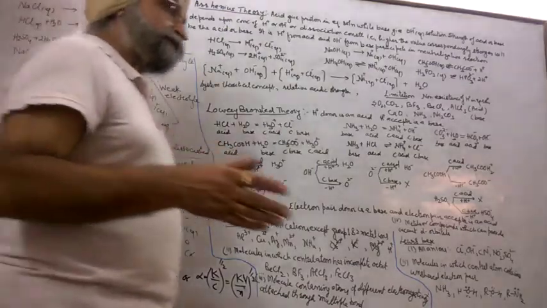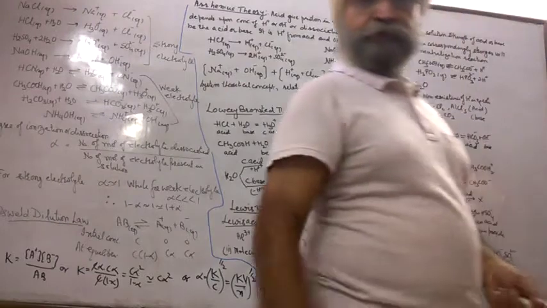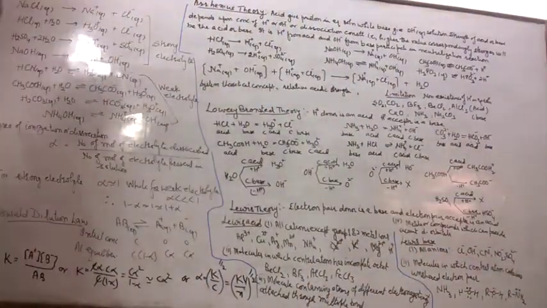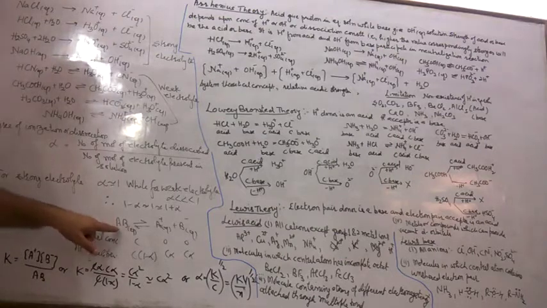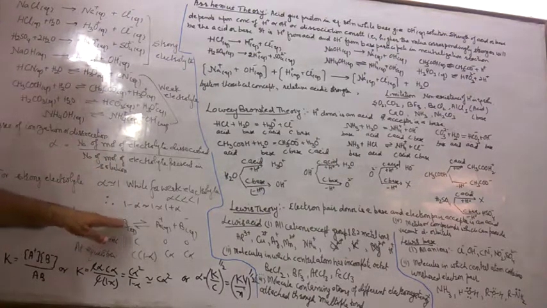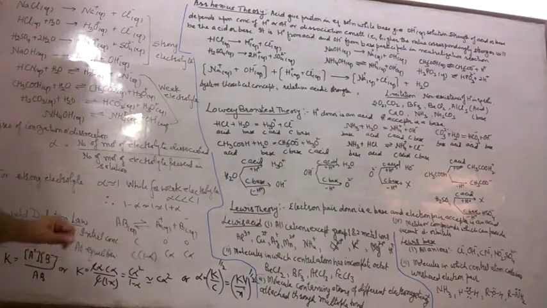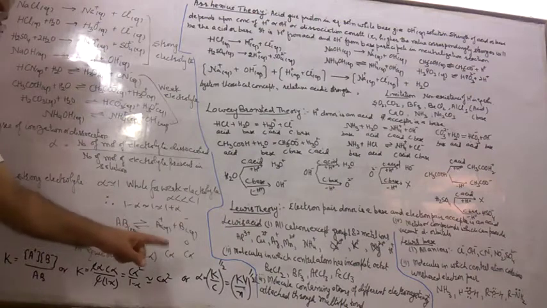Dilution is carried out by adding more and more solvent. For this I take a weak electrolyte, a very simple electrolyte, to understand the concept. AB changes to A positive, B negative, initial concentration C. Here alpha is the degree of ionization.